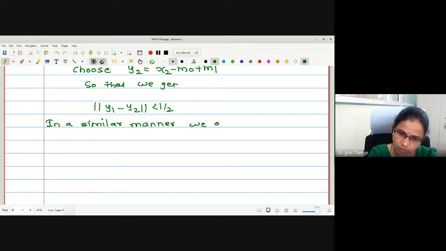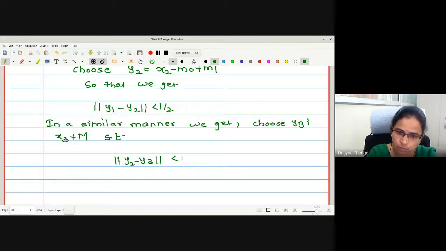We get, choose y3 in x3 plus m such that y2 minus y3 is less than 1 by 2 square.